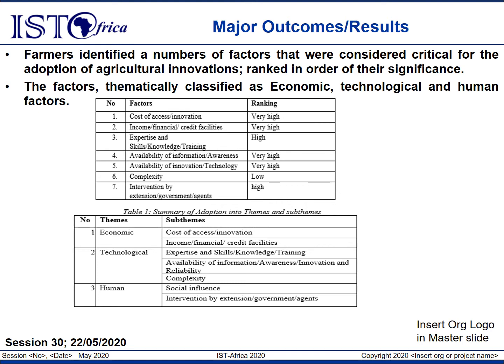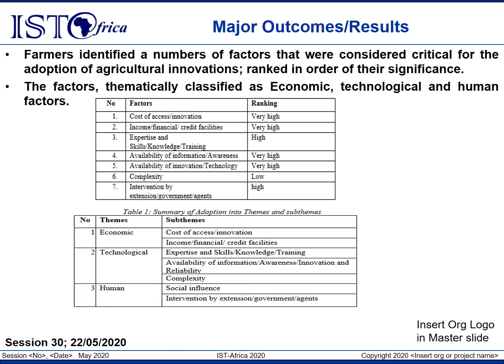The factors were then thematically classified as economic, technological, and human factors. Economic as a theme had the following sub-themes: cost of access, innovation, income, financial, and credit facilities.